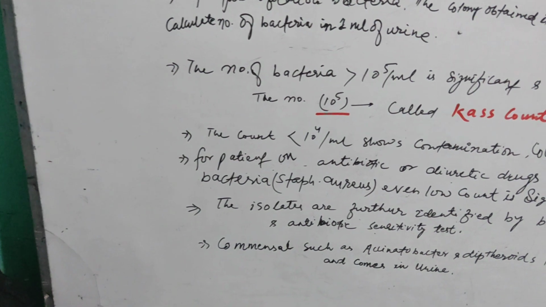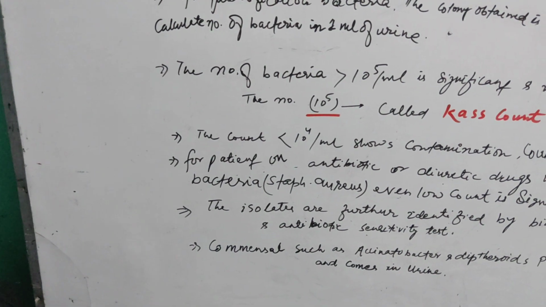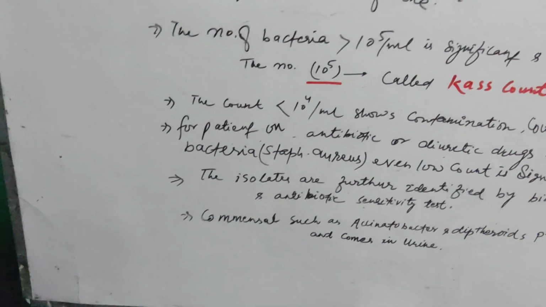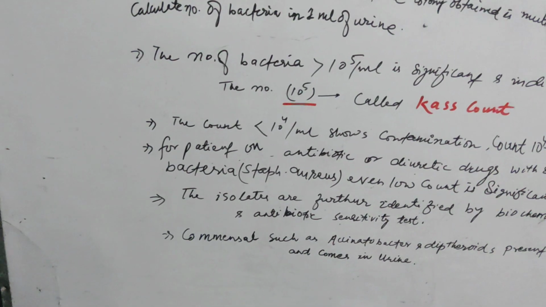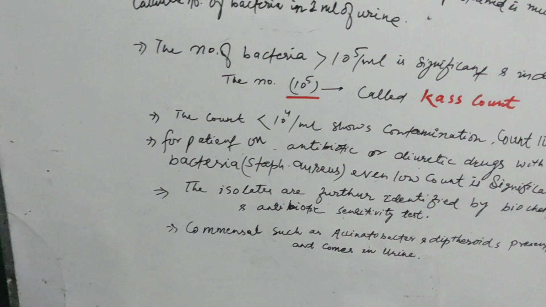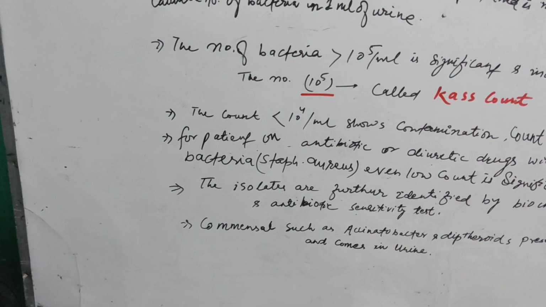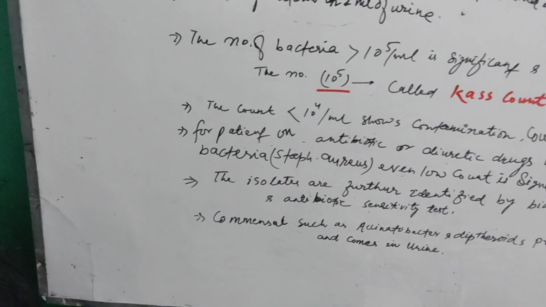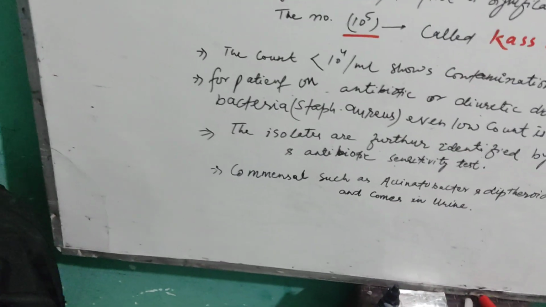That means if the count is less than 10 to the power 5 or 10 to the power 4 per ml, but the patient is under antibiotic or diuretic drugs, then especially for Staph aureus, even the low count is significant. That means the patient is having the infection.